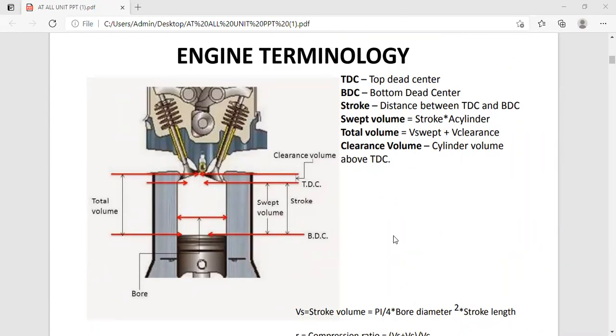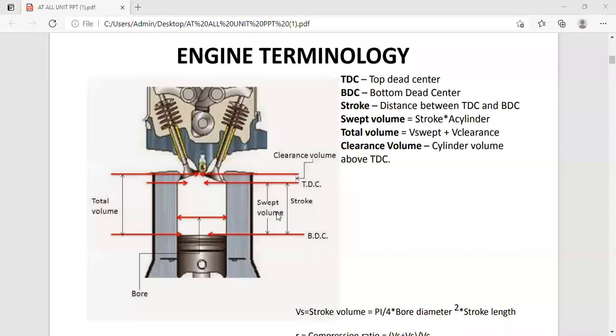Next, a very important point is the piston speed. Piston speed means what? The average speed of the piston is called the piston speed. And generally, whenever we are measuring the piston speed, it is equal to 2LN. 2LN means what? L is the length of stroke and N is the number of revolutions.